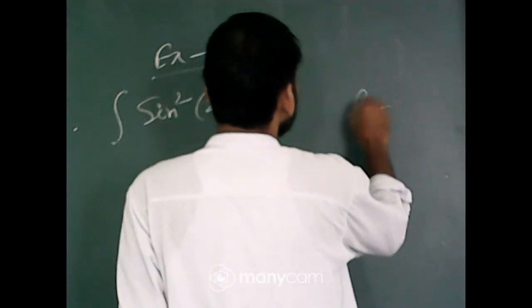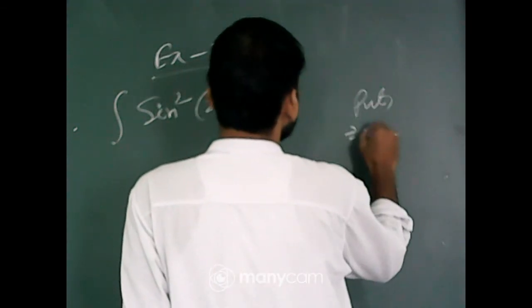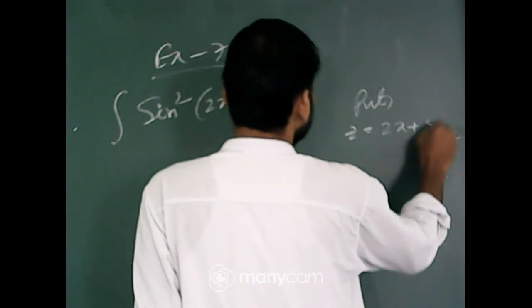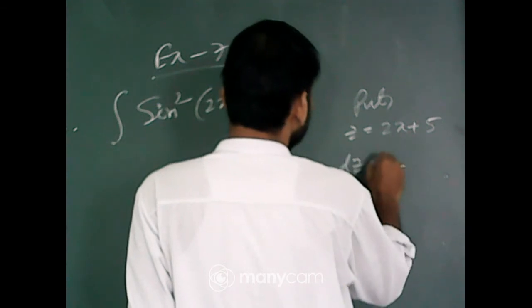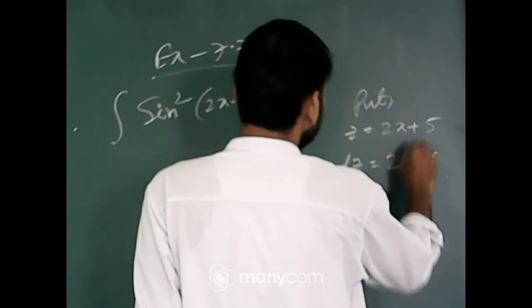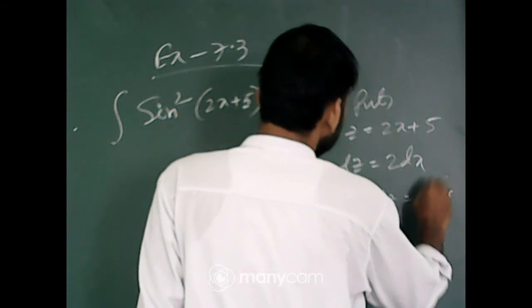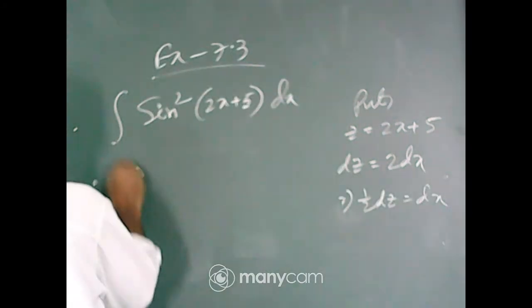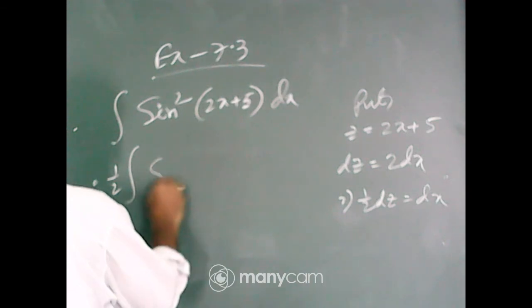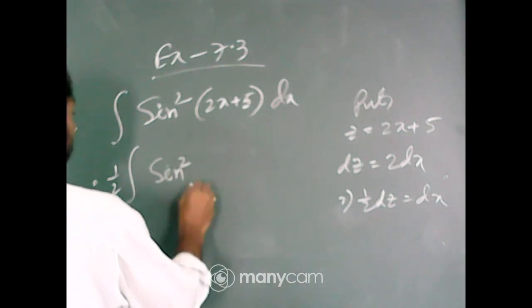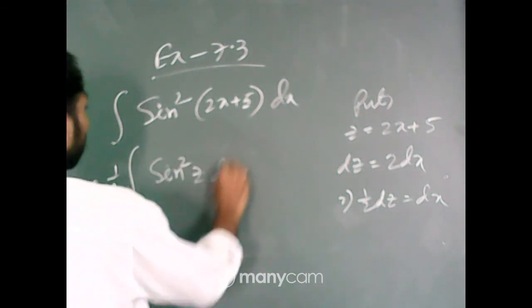Here we will put first of all z equals to 2x plus 5. That means after doing the differential, it will be dz equals to 2 dx. That means half dz equals to dx. That means 1 by 2 sine square z dz.